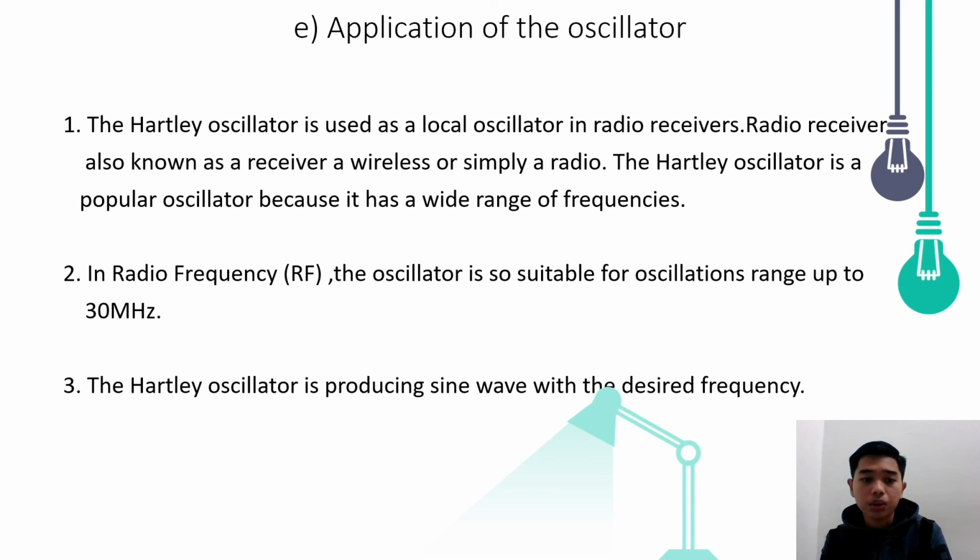Second, in radio frequency, RF, the oscillator is suitable for oscillation ranges up to 30 MHz. Third, the Hartley oscillator produces a sine wave with the desired frequency.